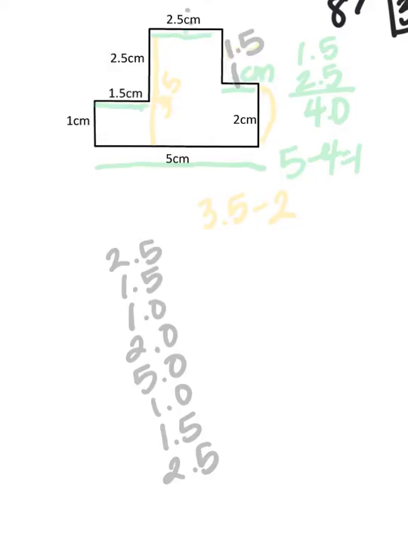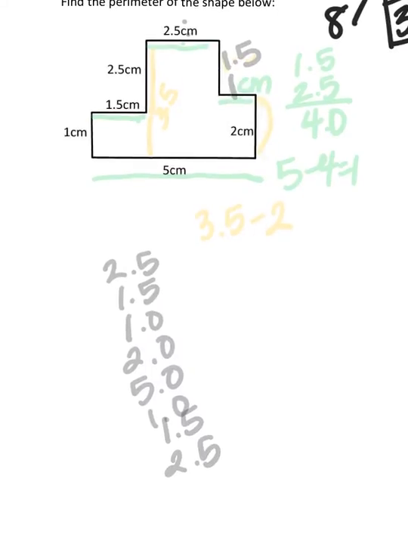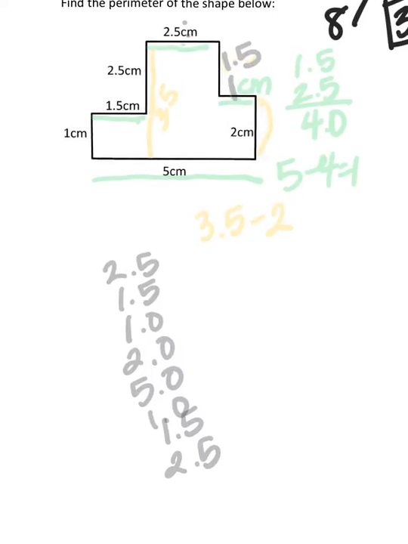If we start at the top, we should have 2 5s, there and there. Should have 2 1.5s there and there. We should have 2 1s there and there. Then a 2 and a 5, 2 and a 5. So we've got them all taken care of. So let's add those up now.